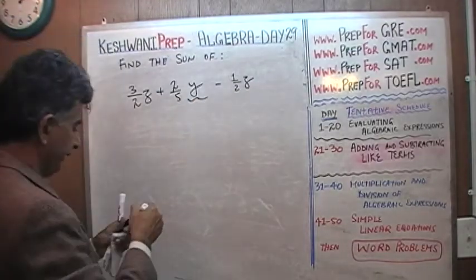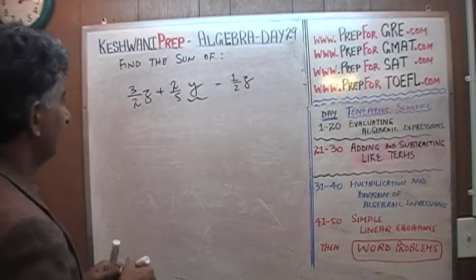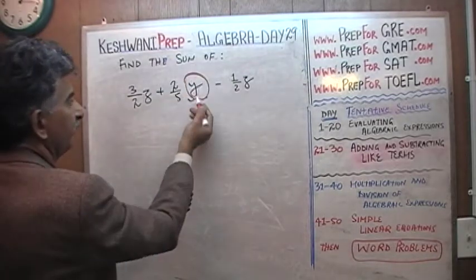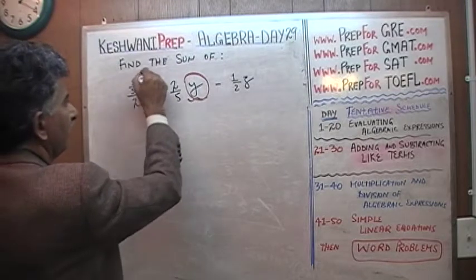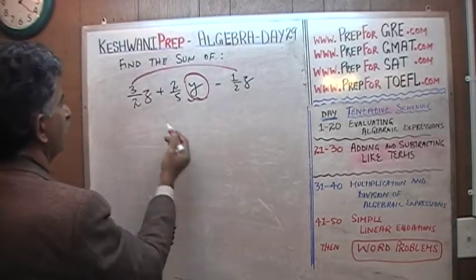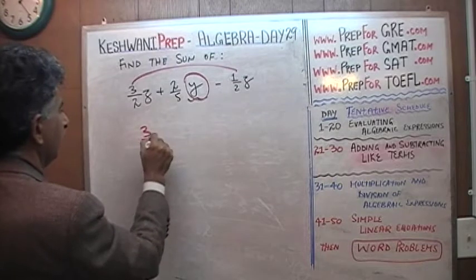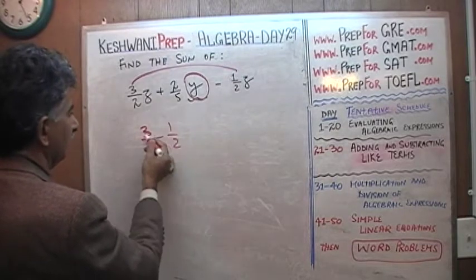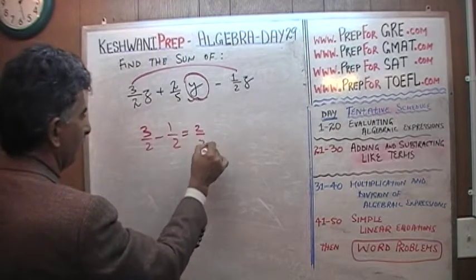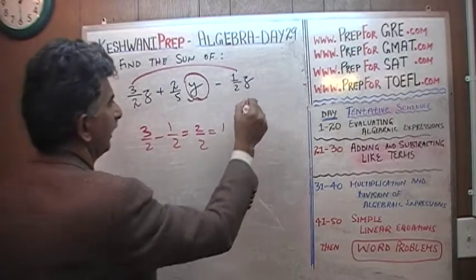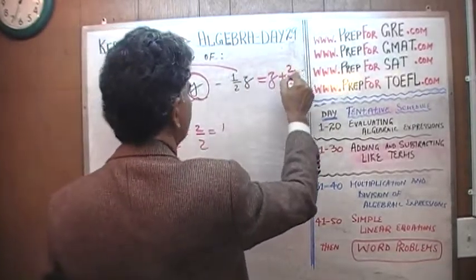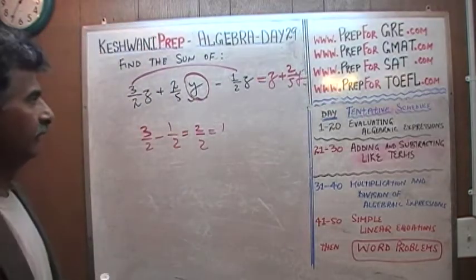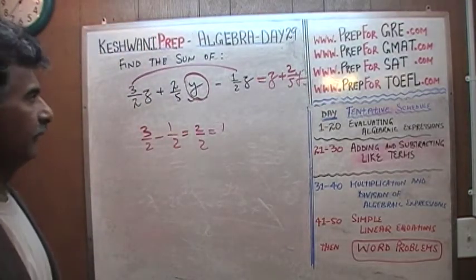Y cannot be combined with z's. This is a different number. This y is 2 and this is 7. We cannot combine them. So we simply have to add up 3/2 and a negative half. 3/2 and a 1/2 is just 2/2, which is just 1. So the answer here would be z plus 2/5 y.